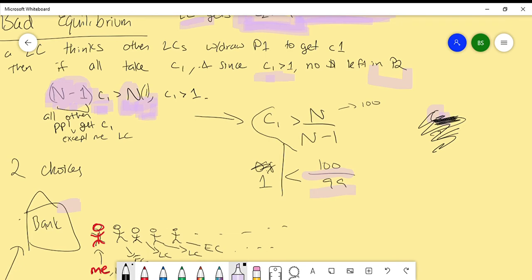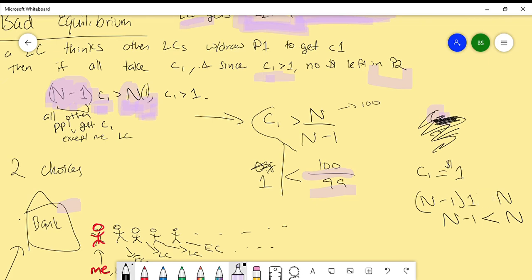So if C1 equals $1, like in our original plan, then n minus 1 times 1 compared to n is going to be n minus 1, and this is obviously less, right?